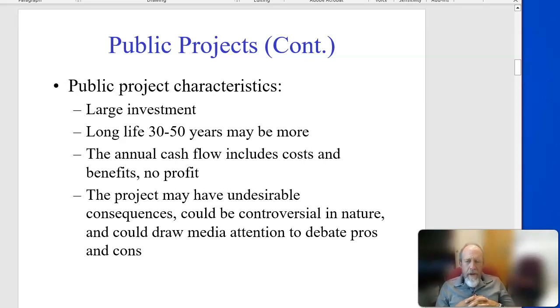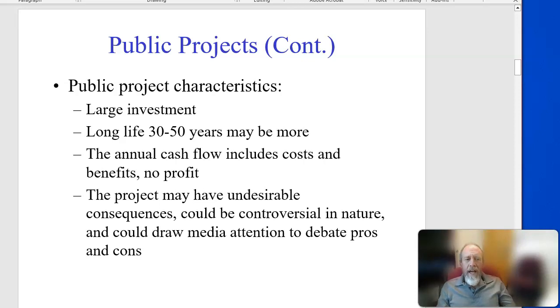Now, some of the projects may have pros and cons. Controversial projects, like, oh, we're going to put in an interstate. But that's a positive project. Well, it might not be a positive project if it's going through a nature preserve. Okay, there's a negative, there's a positive, both.